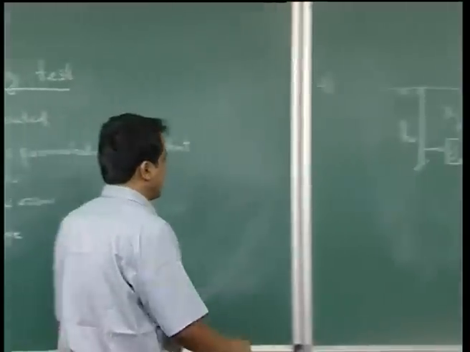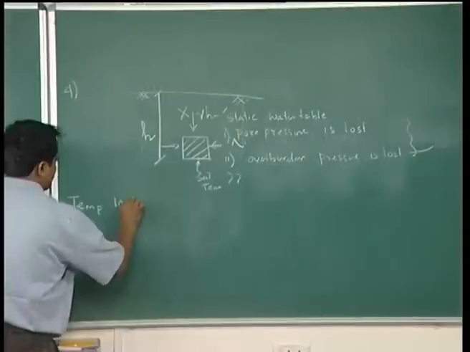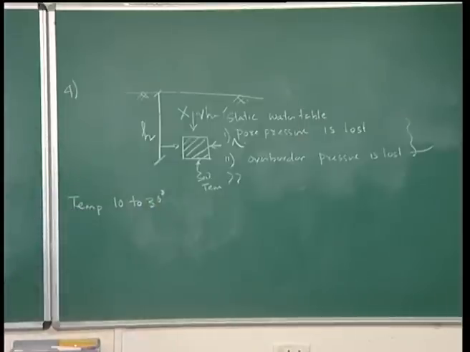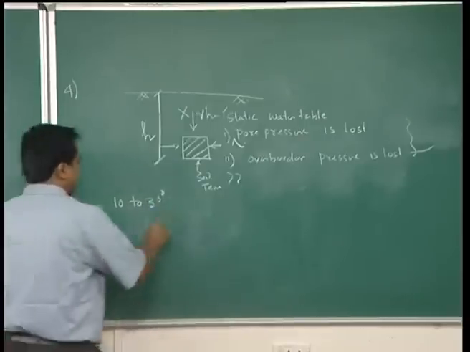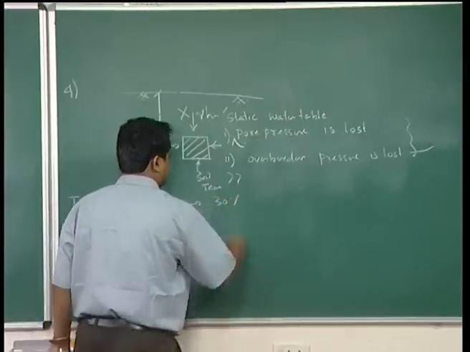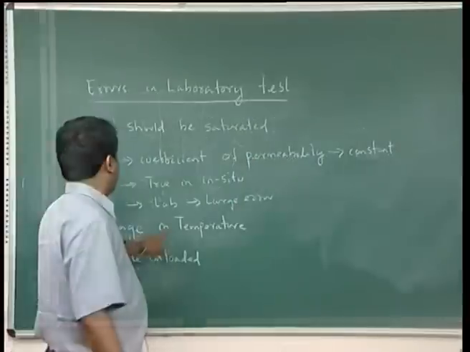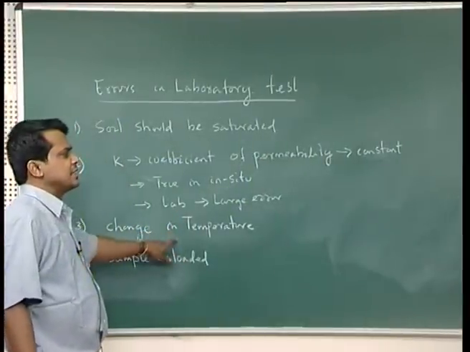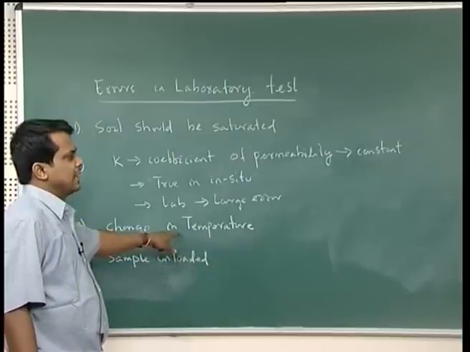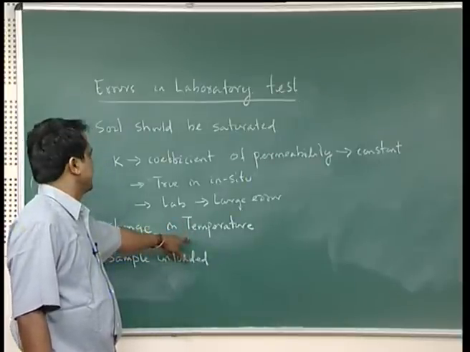If the temperature varies from, say, arbitrarily, 10 to 30 degrees, the consolidation result can change by about 30%. That means in the lab, the temperature has to be applied considering the in situ temperature.